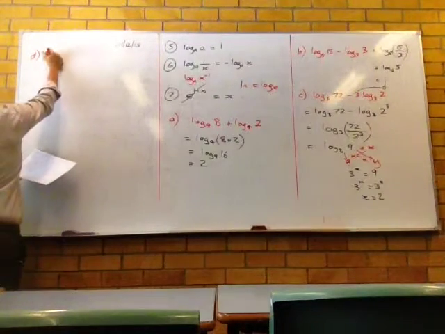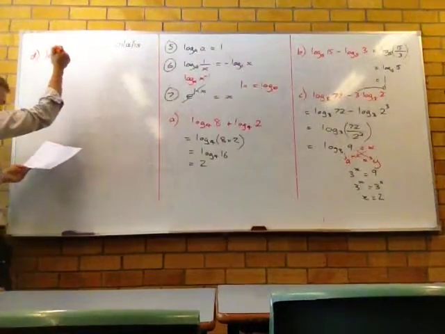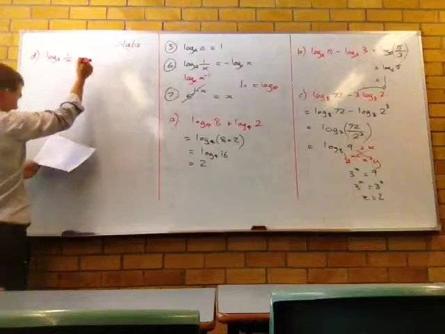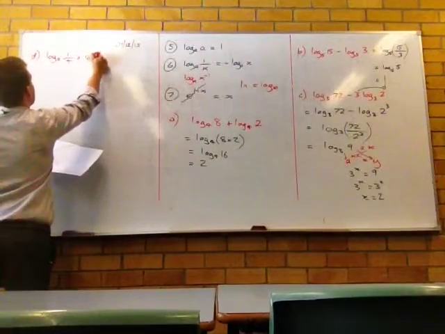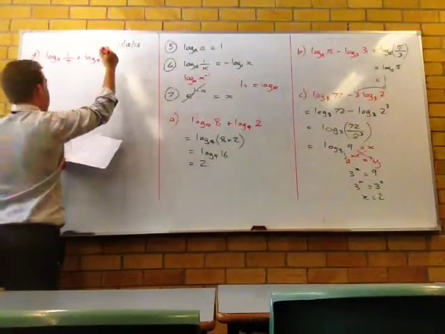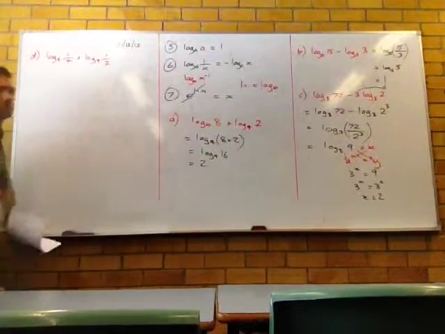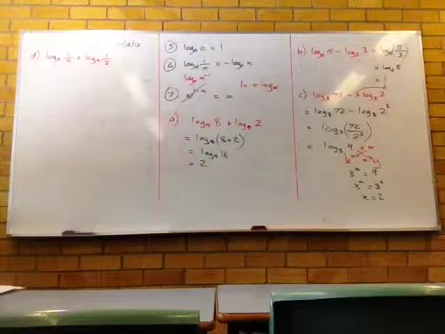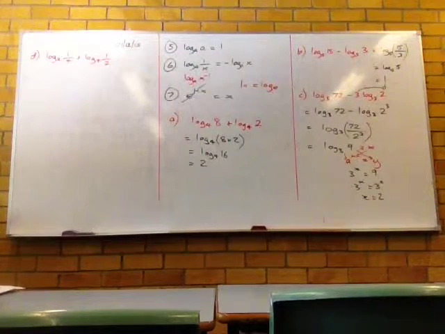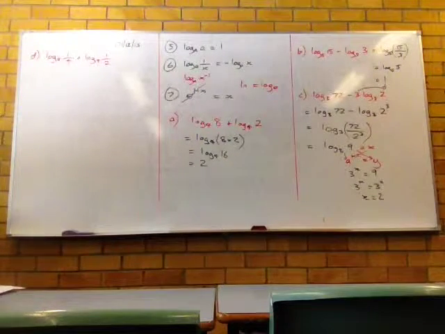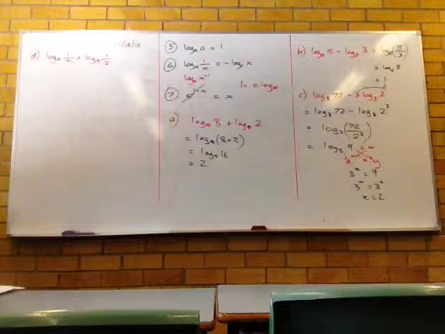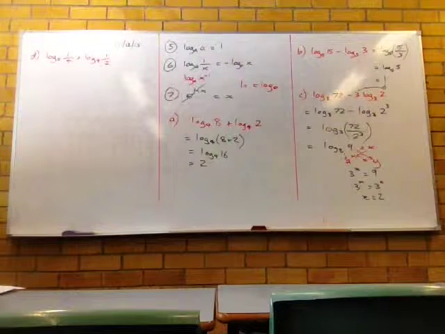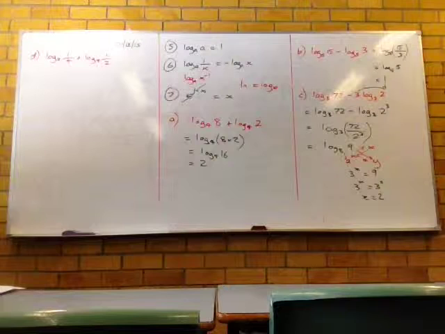Right. Log base 2 of a quarter plus log base 4 of a half. So the formulas only work if we've got the same base, so we don't at this stage. Okay, so we make a couple of changes here.